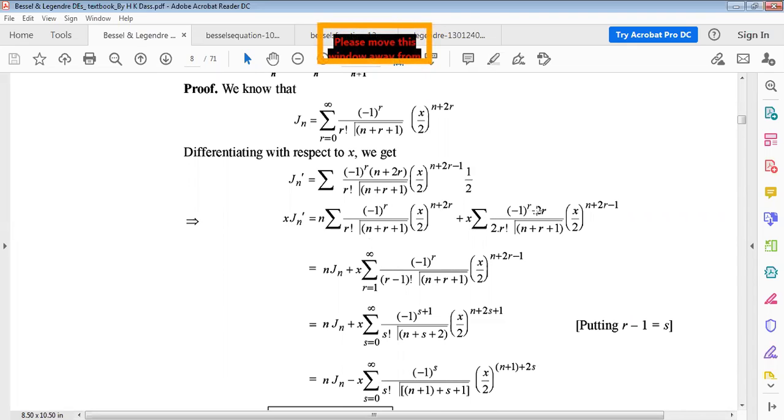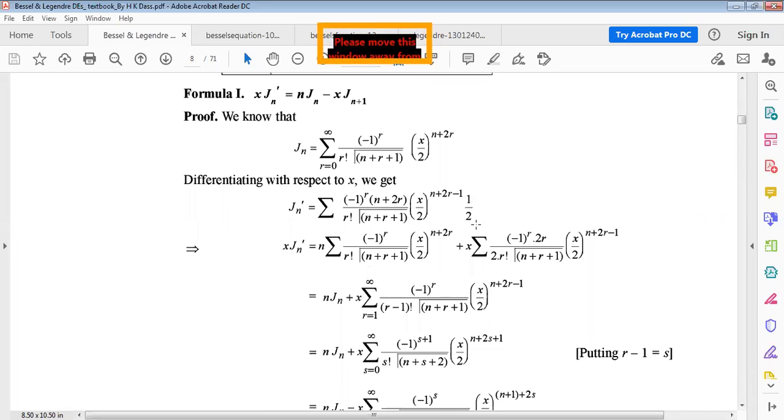There are two terms: minus 1 to the power r divided by n plus twice r. Actually, this n into whole is the first term, and twice r into this is the second term. Understand, everybody? N into whole, this is the first term; twice r into whole, second term.